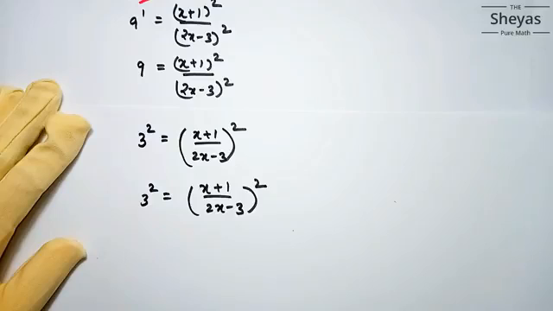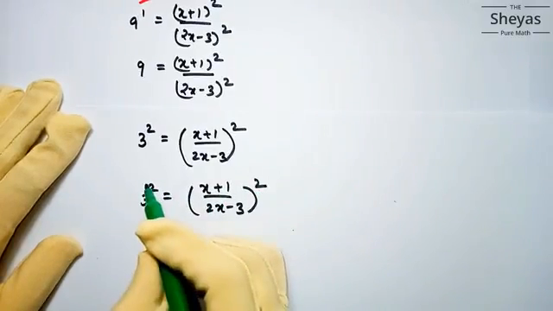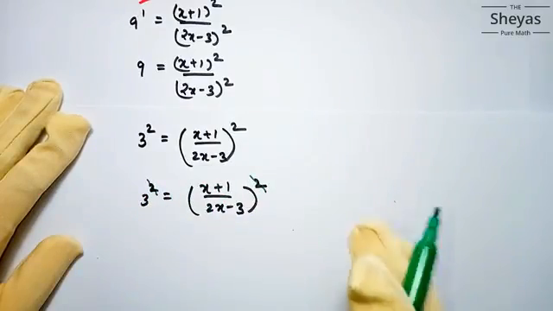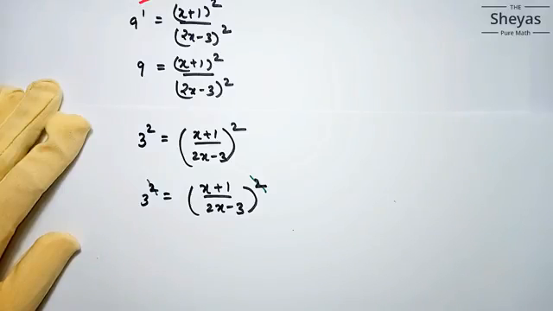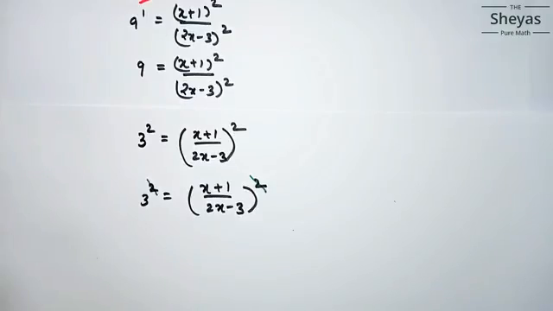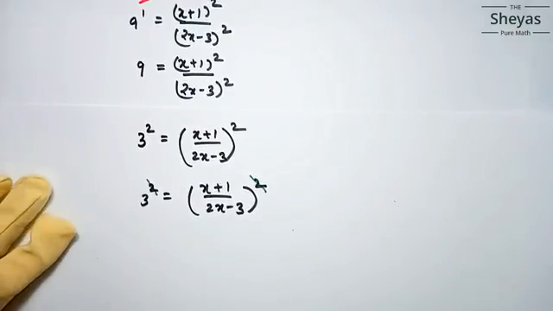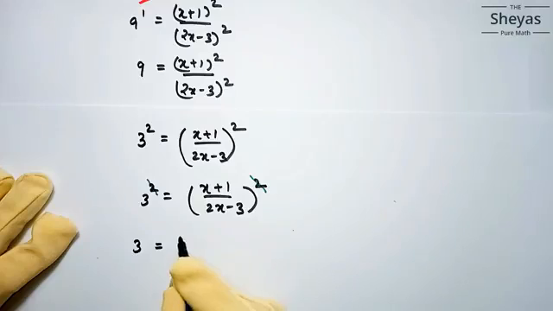In both the cases it is square, so you can take the square root on both sides, or simply cancel the square on both sides. Taking square root on both sides, or else directly cancelling the square, the next step will be 3 is equal to (x plus 1) by (2x minus 3).